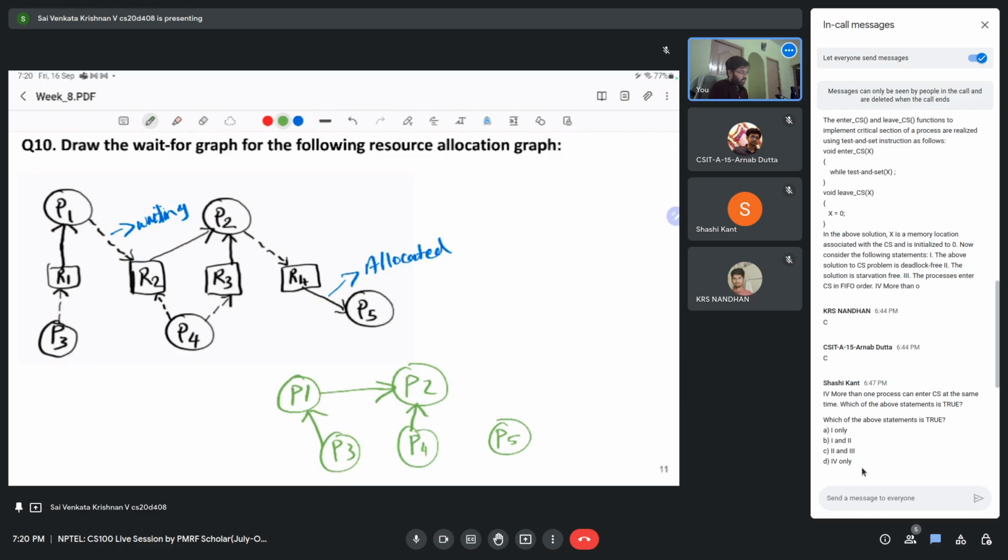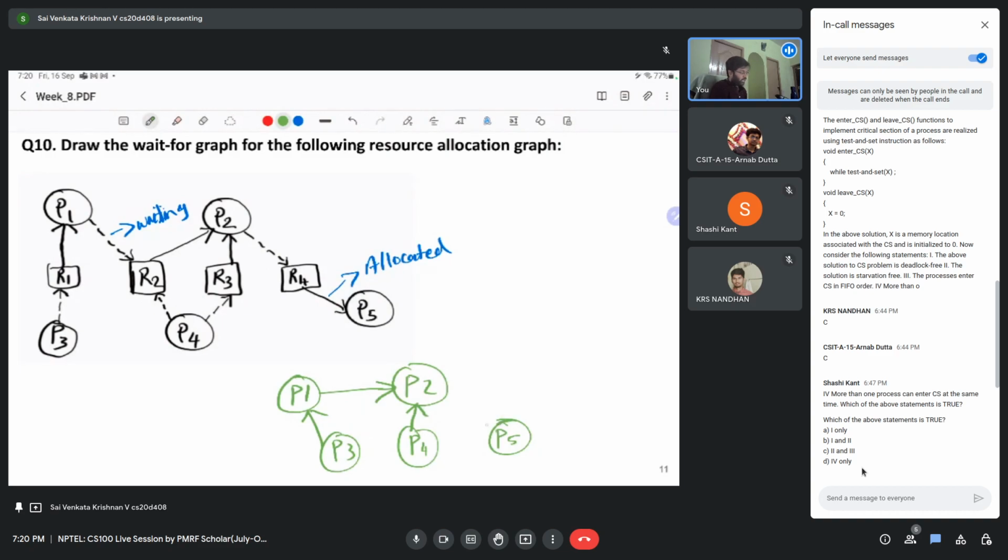And let's come to resource R3. R3 is allocated to P2 and P4 is waiting for R3. So P4 is waiting for P2. So this edge is already there.